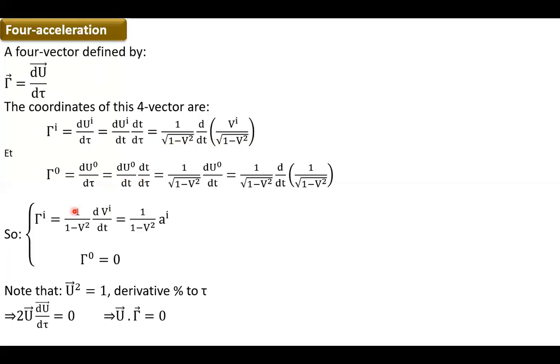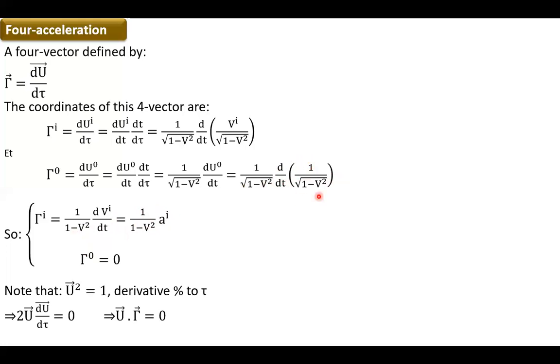So you get 1 over 1 minus v squared, without the radical, dvi over dt. But you know that dvi over dt is ai, the acceleration in 3 dimensions, a1, a2, a3, or ax, ay, az. So gamma i is 1 over 1 minus v squared times ai, or little gamma squared ai. And gamma 0 is d over dt of 1 over radical 1 minus v squared.